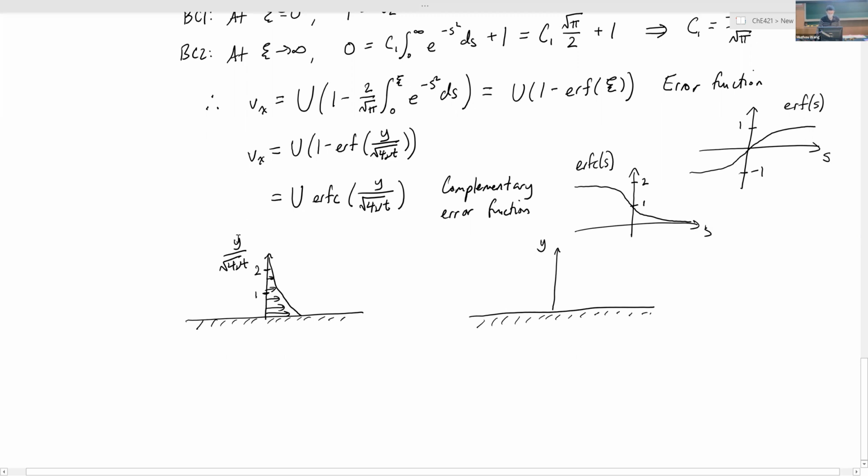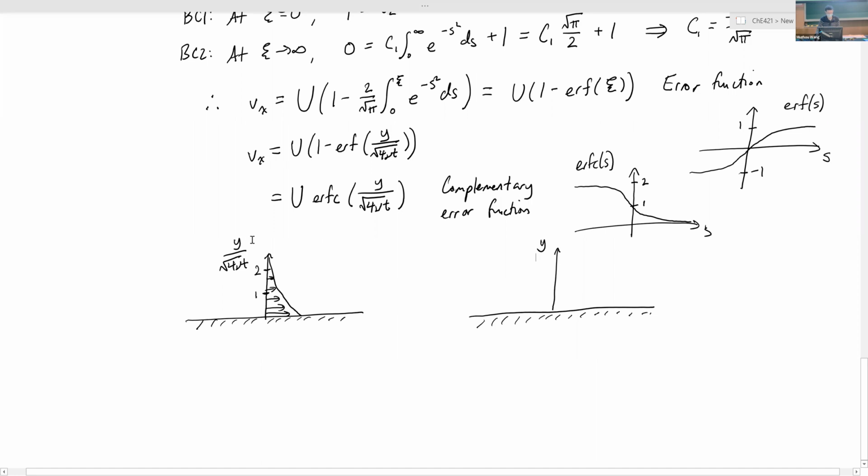What we have here is this length scale, square root of 4 nu t, right? Y divided by that gives me something that's unitless, and so therefore this variable right here has units of length, right? And this is basically a scale. You can think about this as a unit, if you will. You can think about this as a ruler.